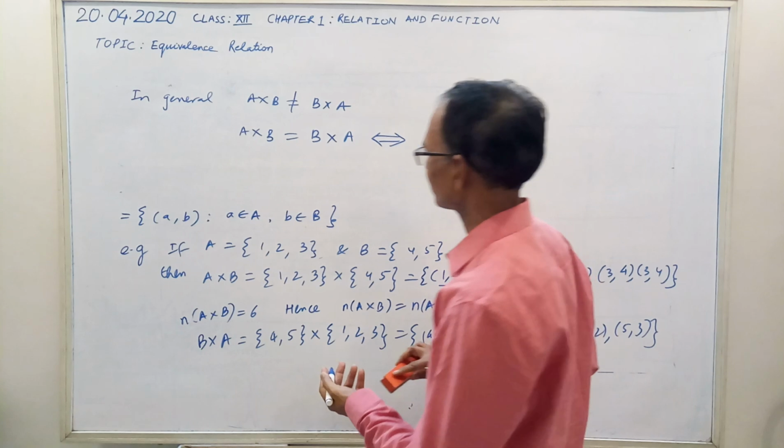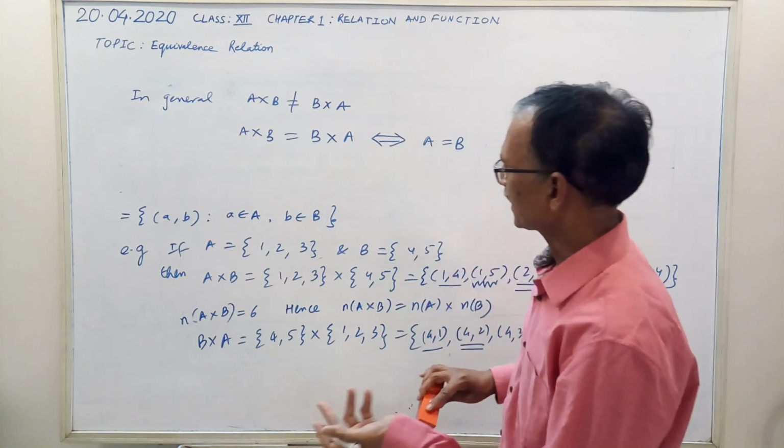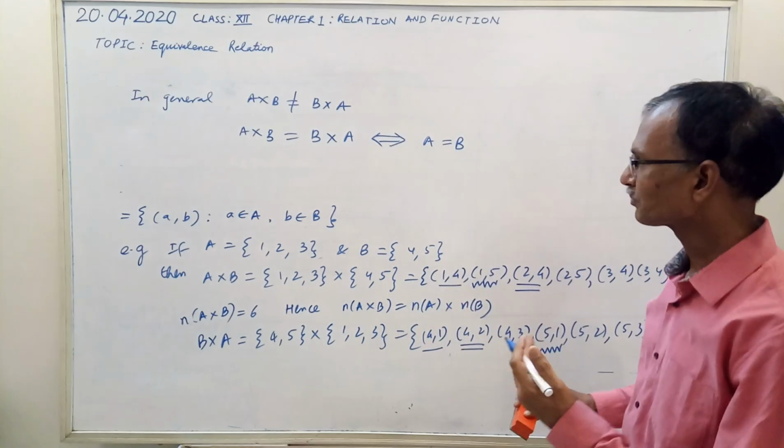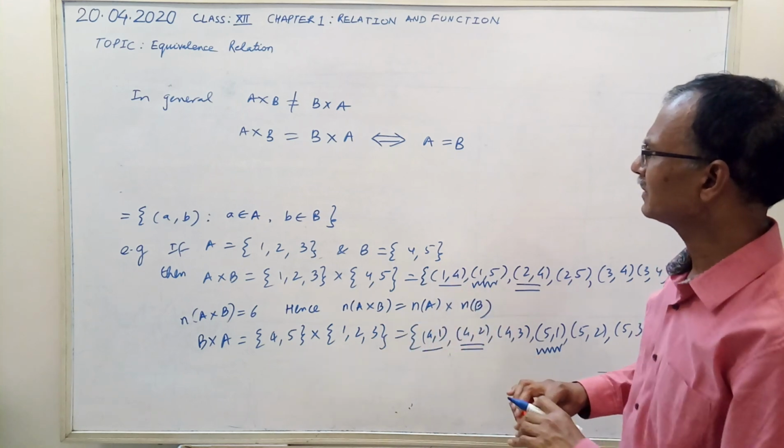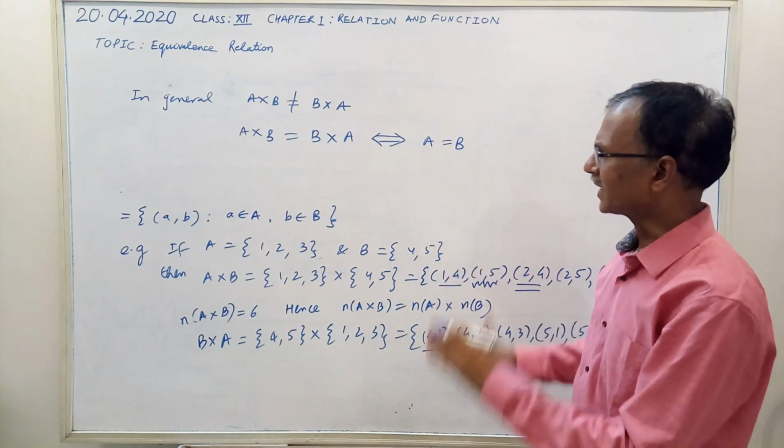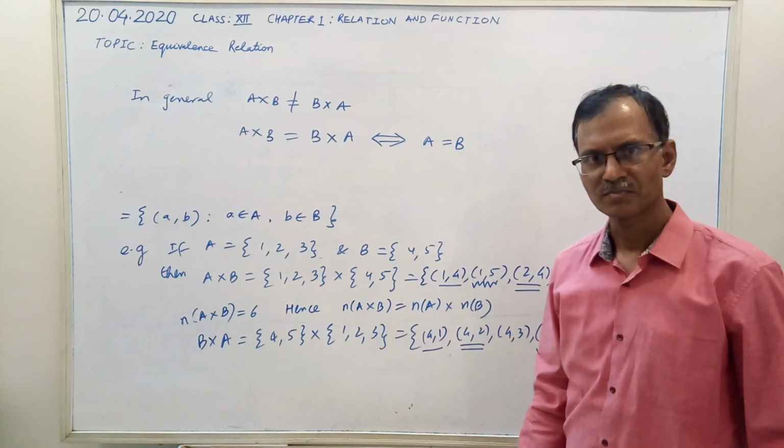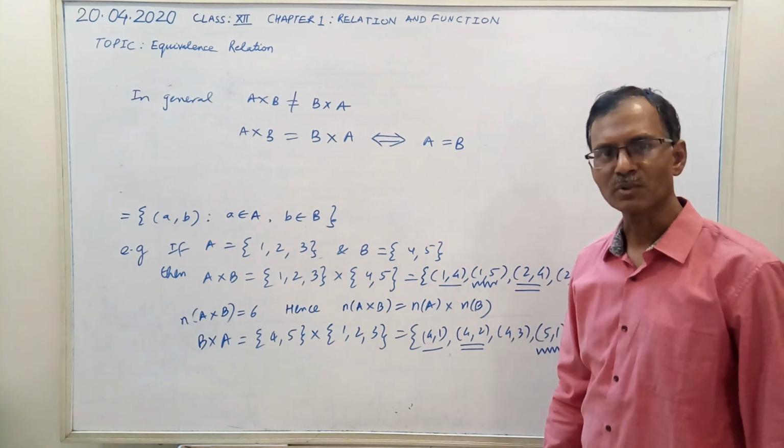So you can have examples like R cross R, and later we will apply Cartesian product of two sets to three sets. It can be extended to multiple number of sets.